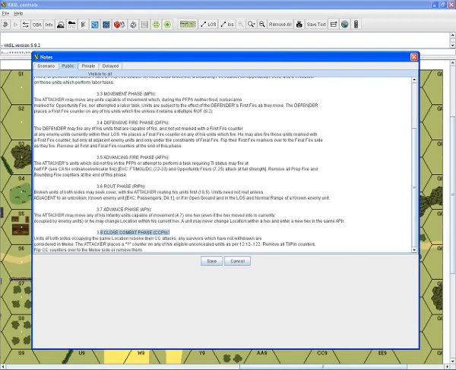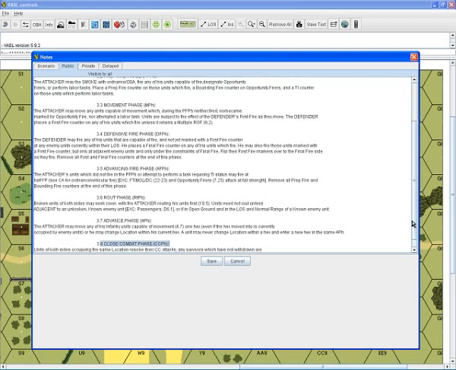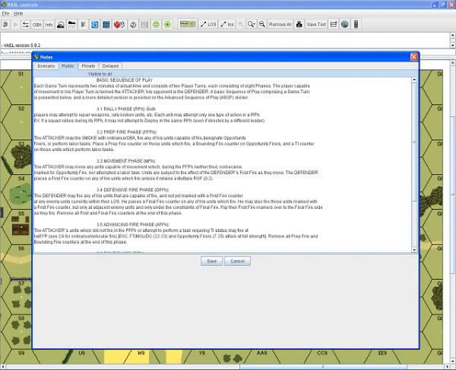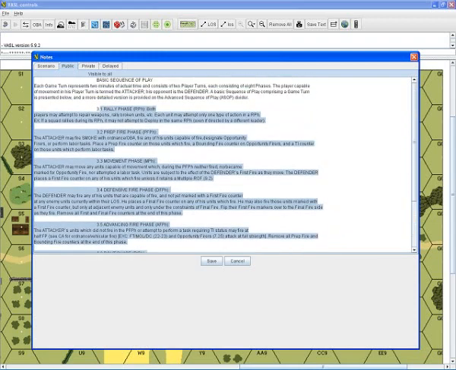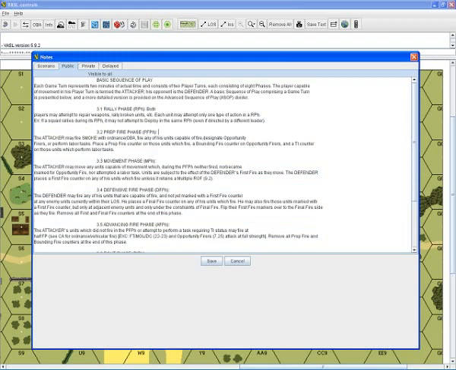Once the attacking player has completed all 8 of his phases, the sides switch and the defender becomes the attacker, the attacker becomes the defender, and you simply go through the same 8 steps or 8 phases again. And when he has completed his 8 phases, 1 turn has been completed.